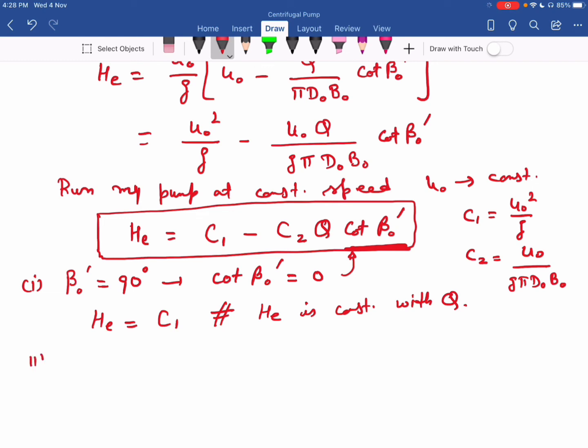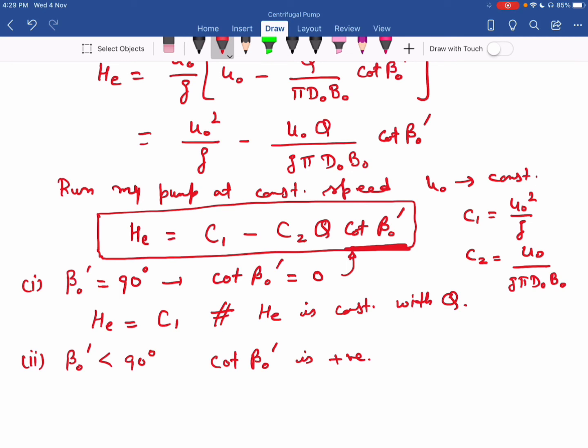Now, second case, when beta O dash is less than 90 degree, that is the case of backward curved vane. In that case, cot of beta O dash is positive.